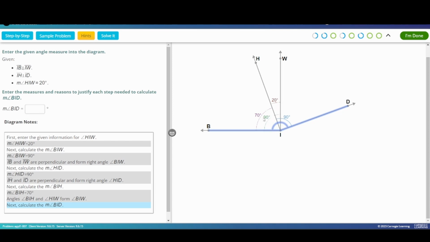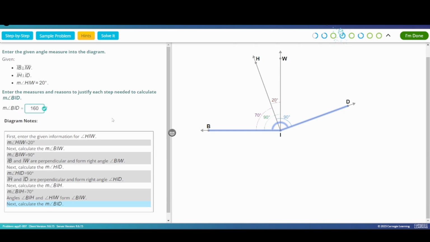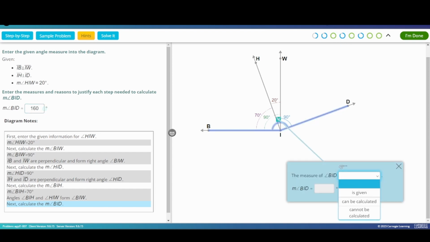I have 70, 20, and then this leftover parts. Or I could think of this maybe as, how about this 90? This 90 plus this 70 is going to be a total of 160. Maybe that's the way we should think of it. So I'm going to say BID is 160.